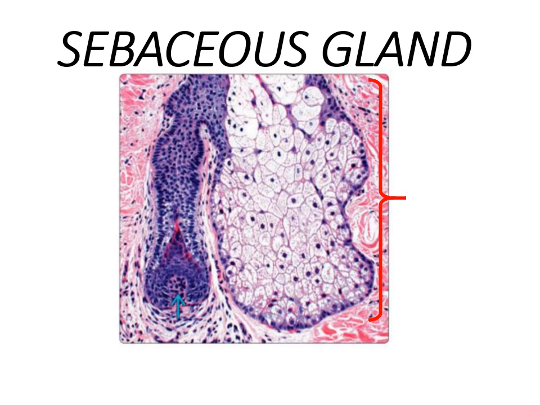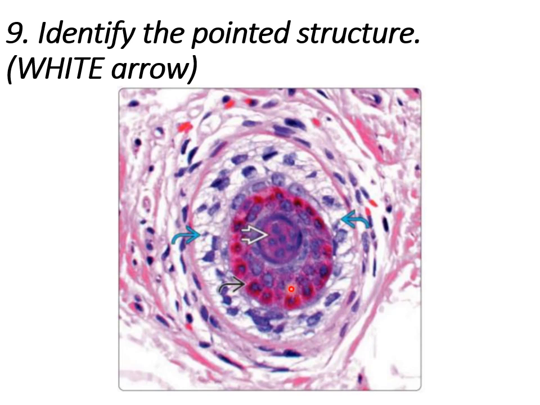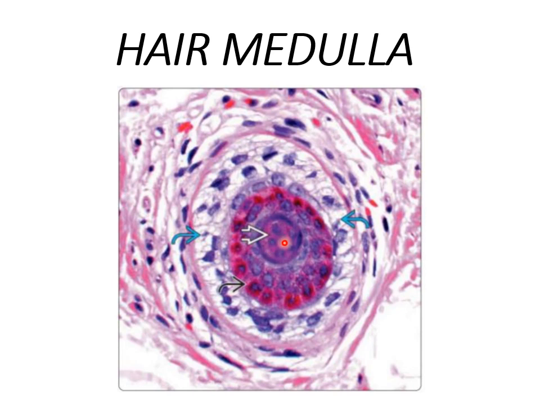Number 9. Identify the pointed structure in white arrow. So, white dapat ang titinan natin. So, ano ang specific structure na to? This is your hair medulla. Diba? Innermost si medulla.